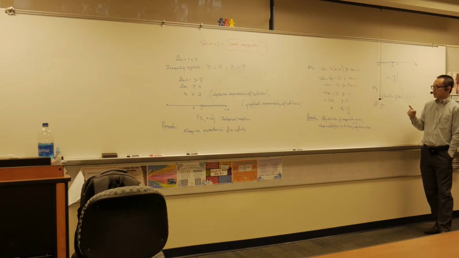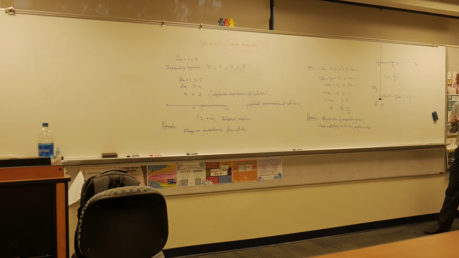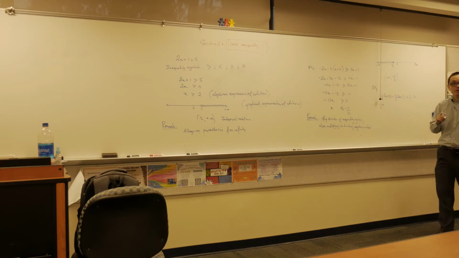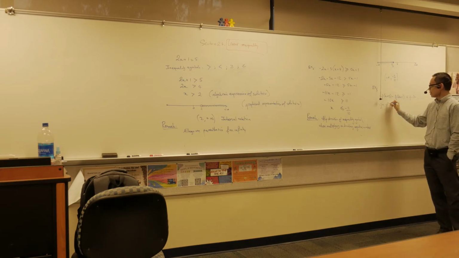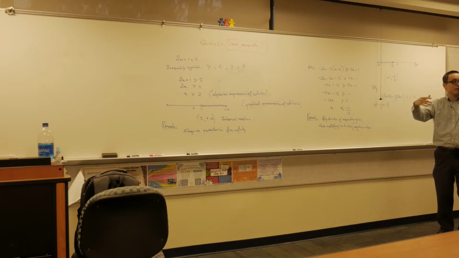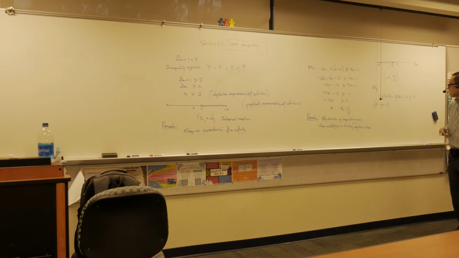Negative half times 3 is negative 3 over 2. Careful, negative 3 over 2, because when you multiply by 3, it means 3 over 1, so you just multiply across.